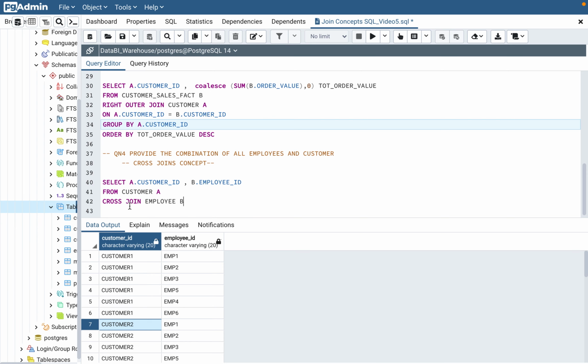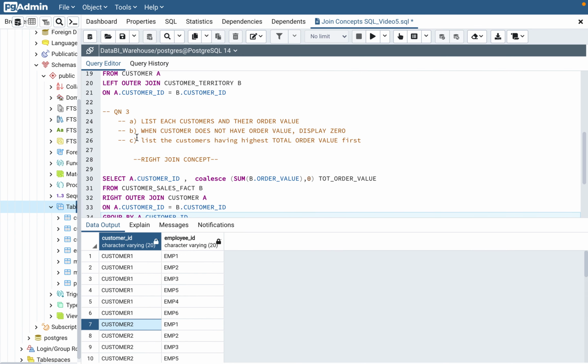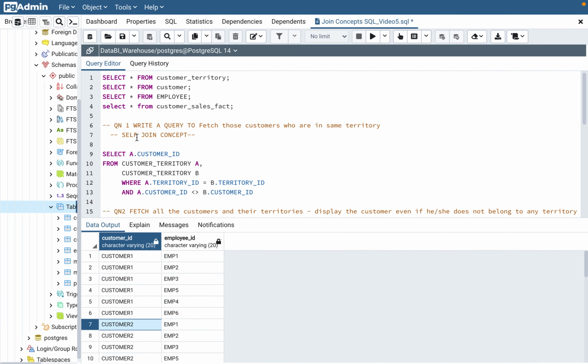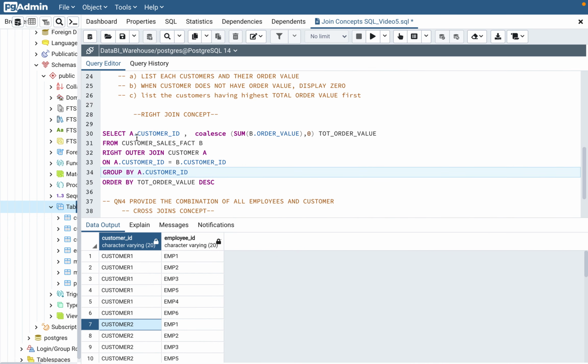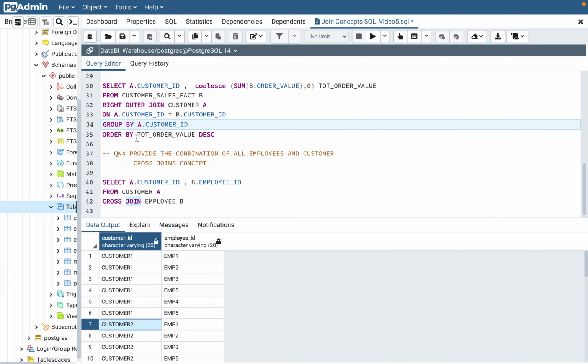Most of the time you must avoid the cross join. Use inner join, outer join, right outer join, left join. Those are the joins that are most widely used. Cross join may be used sometimes.